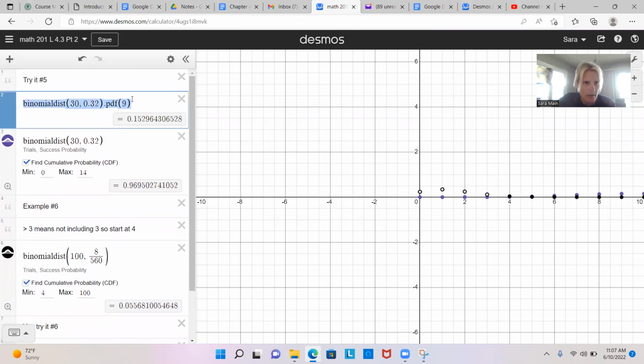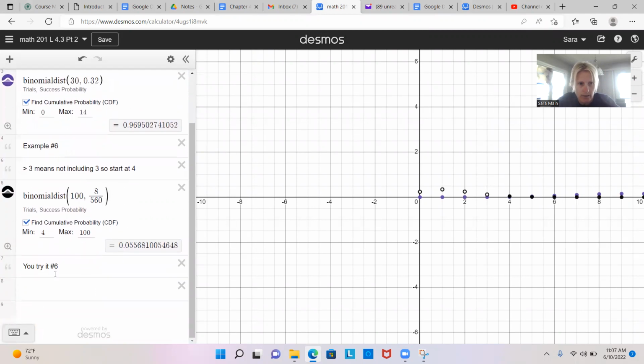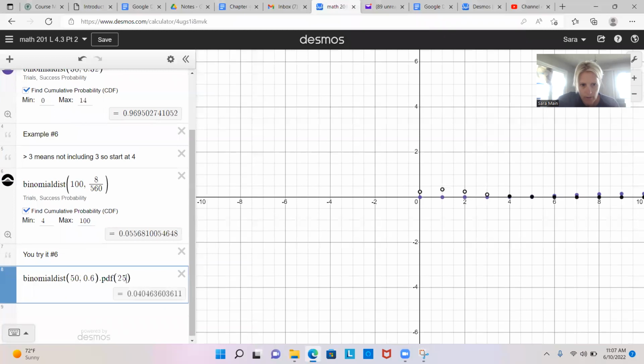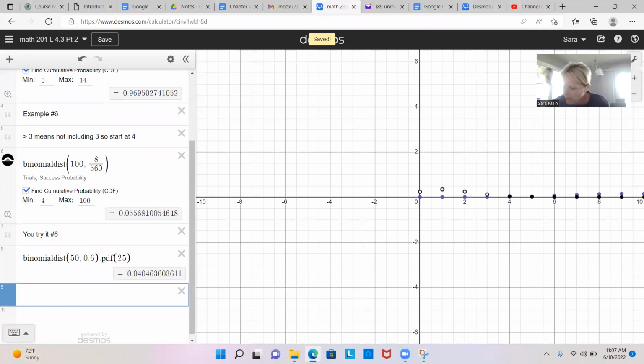I'm going to copy this one where it's an exactly, because then I can paste it and make sure I change my n to be 50, and my probability of success is 0.6. And I want to find exactly 25 of them. So exactly 25 of them is 0.04. So it's only a 4% probability.